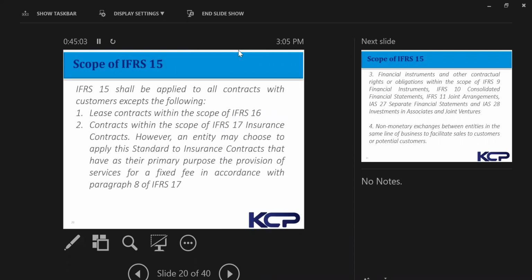So we are starting with the scope. IFRS 15 shall be applied to all contracts with customers except the following. Whenever you have any of the following, don't apply IFRS 15. One, lease contracts within the scope of IFRS 16.